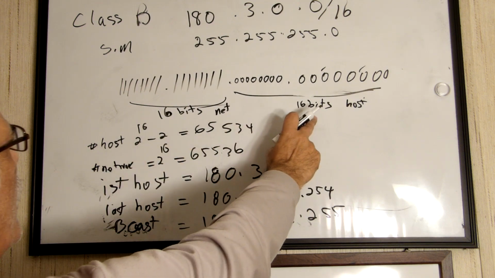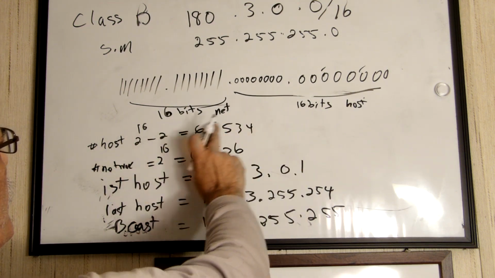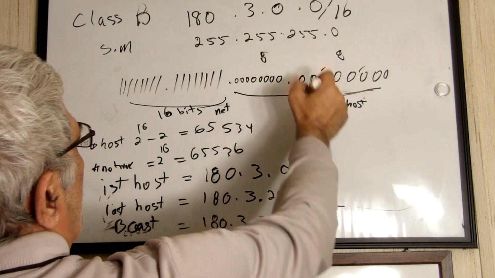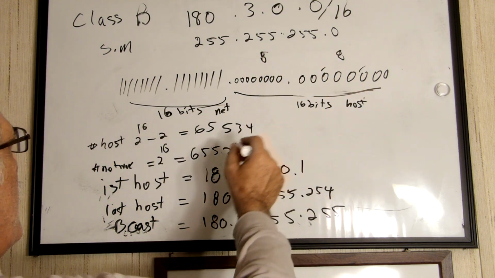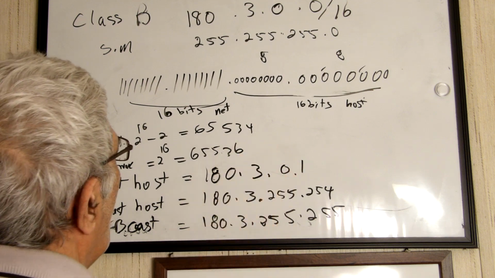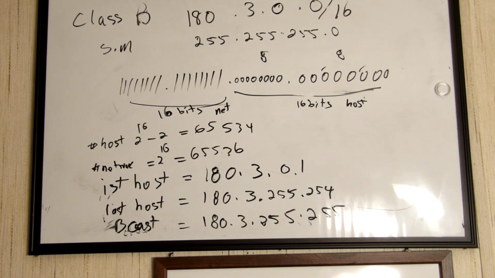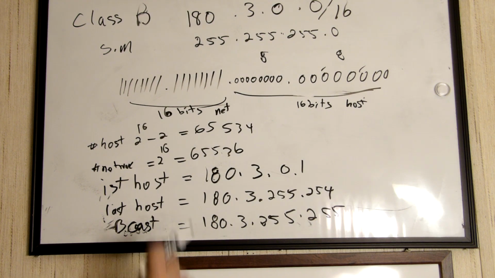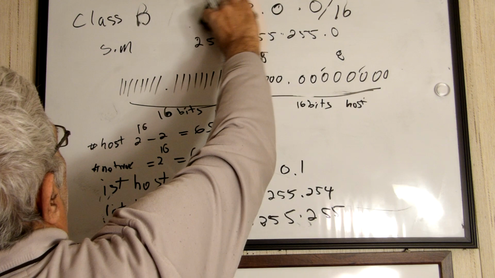You put 8 plus 8, it's going to be 16. Two to the power of 16 shows how many hosts you can have. The number of networks and hosts are equal. I'll give you another example.